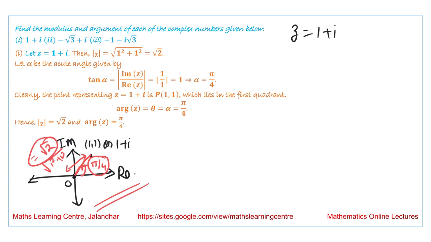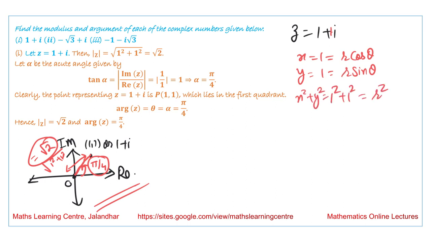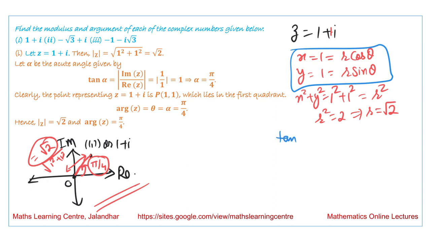If we solve it algebraically, we will have x is equal to 1 is equal to r cos theta, y is equal to 1 is equal to r sine theta. If we square and add both these, it is x square plus y square is equal to 1 square plus 1 square is equal to r square. So the value of r square is 2, which implies r is equal to square root of 2. Next we have to calculate the amplitude, so we divide both these equations. We get tan theta is equal to 1. Both sine and cos are positive.